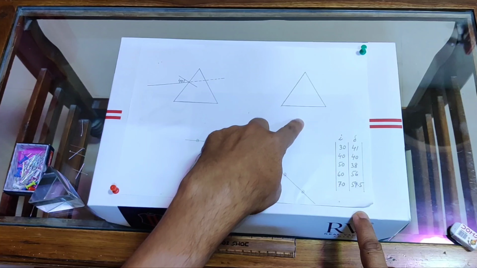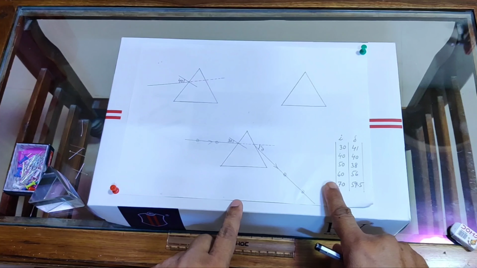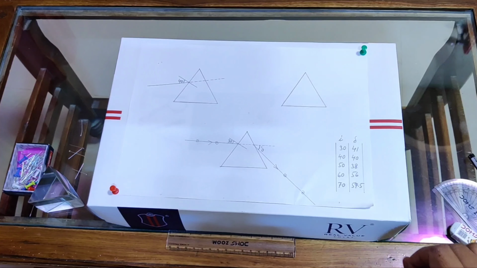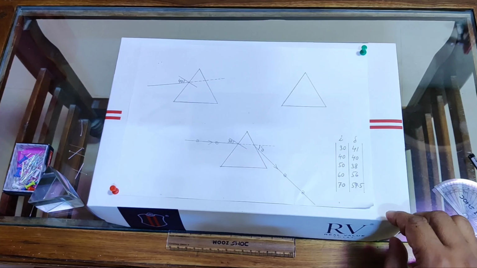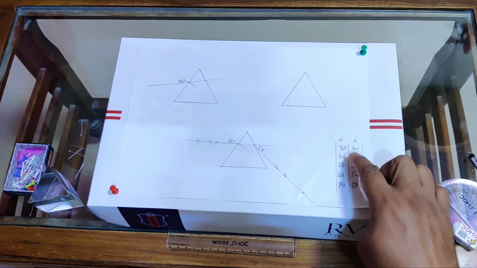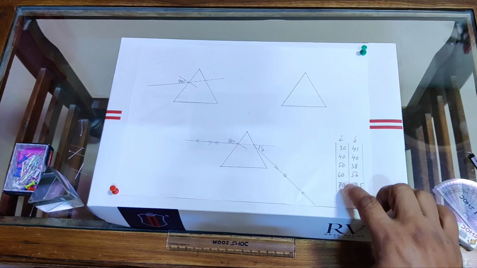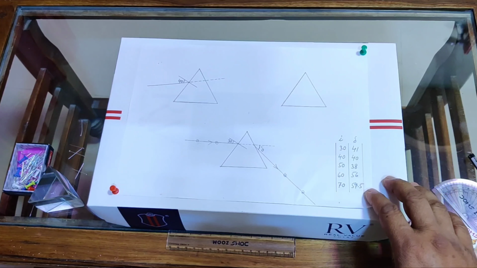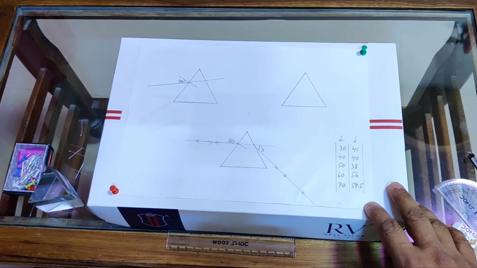For 50 degrees on the other side we can do for 60 degrees, 70 degrees. After getting all these values for 30, 40, 50, 60, 70 degrees, and the corresponding values of delta, we have to plot a graph.